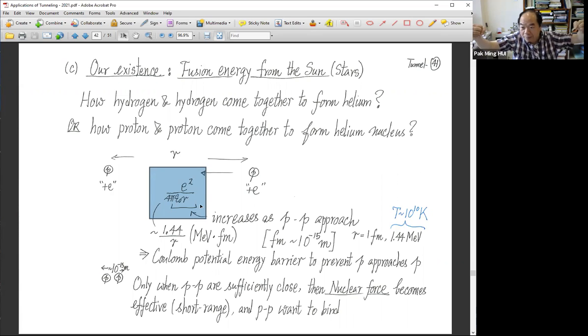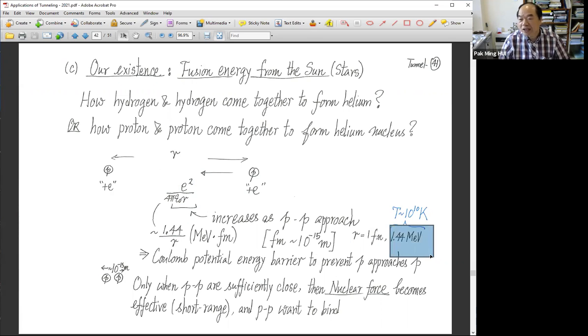So you can imagine, you have 2 protons. How much energy do you need in order to force them into close contact, within femtometer distance? You can easily estimate this. You use this formula, plug in femtometer, and you need MeV scale energy.